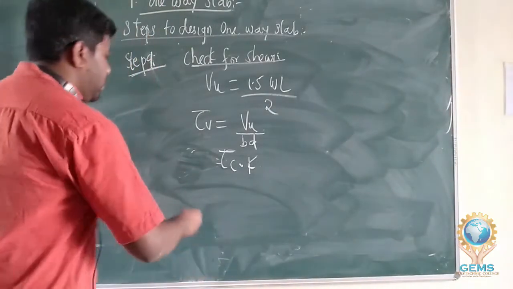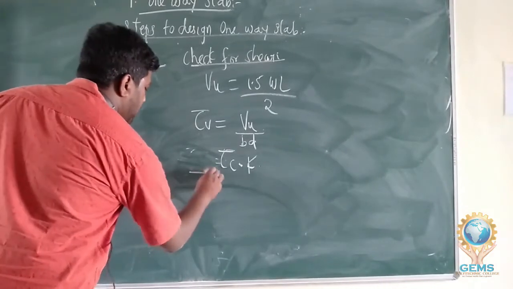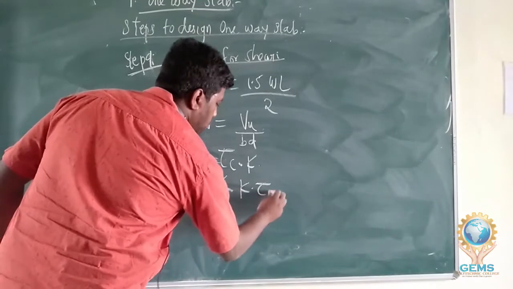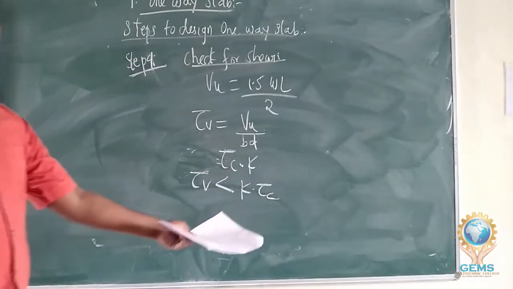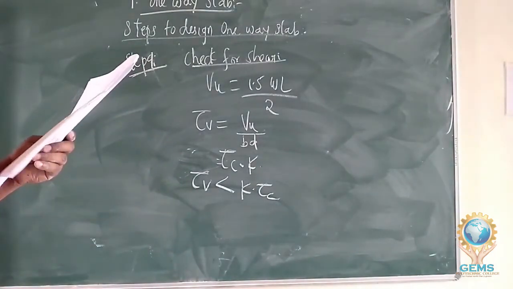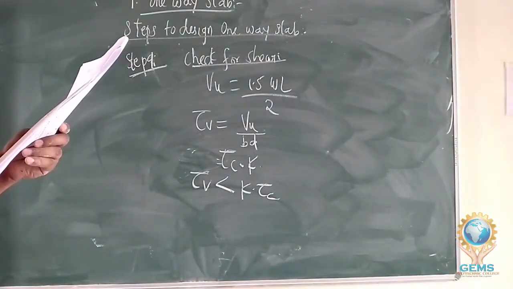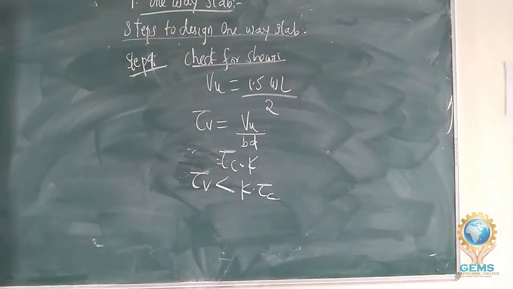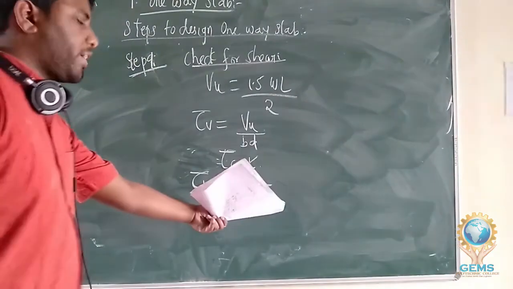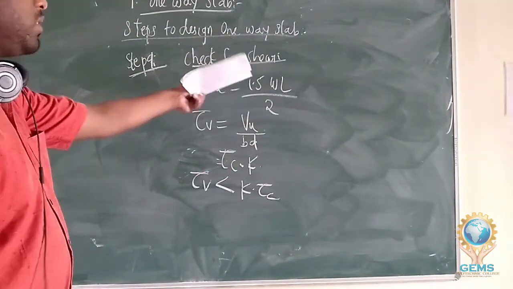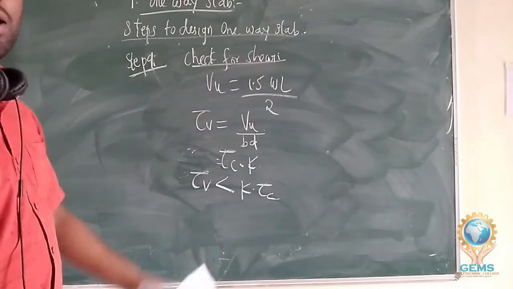You will compare that tau v should be less than K into tau c. This K value is given in your IS 456 2000. That I will explain, the page number. I will tell you in the problem, while we are doing the problem, how to take this K value. If tau v is less than K into tau c, then the section is safe for shear.